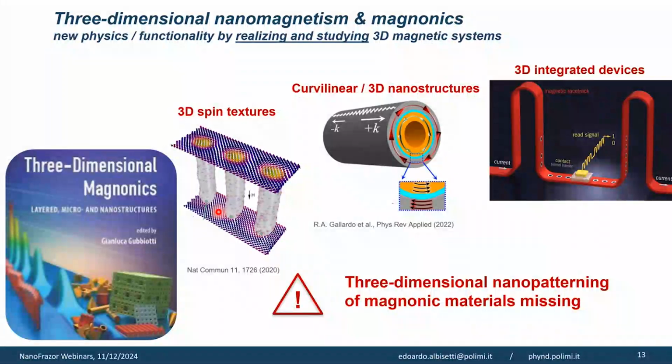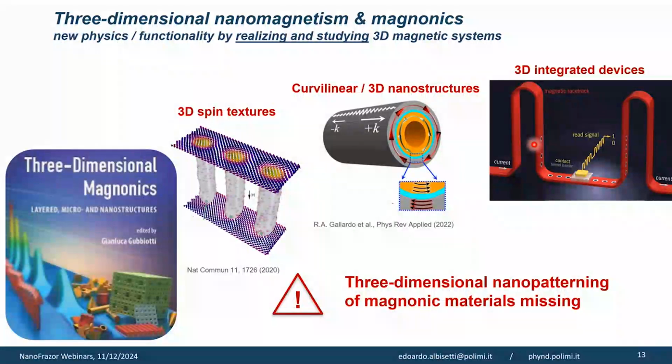And so you have fully three-dimensional magnetic structures, curvilinear nanostructures, three-dimensional nanostructures. So finding techniques that are able to create such materials, such devices, with the final goal of building 3D integrated devices where it's the three-dimensionality that gives a higher functionality to the device itself.